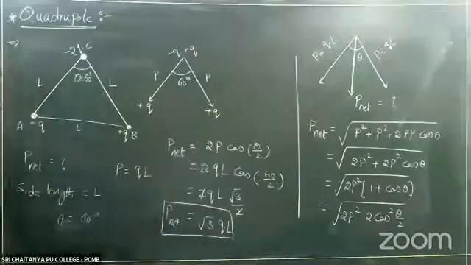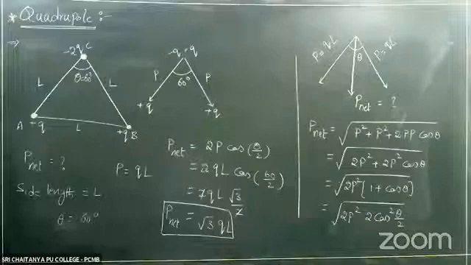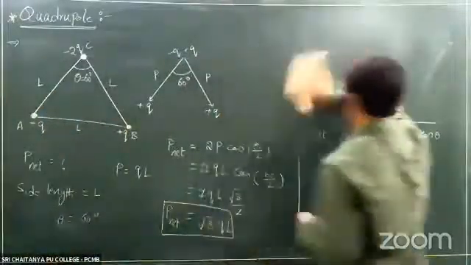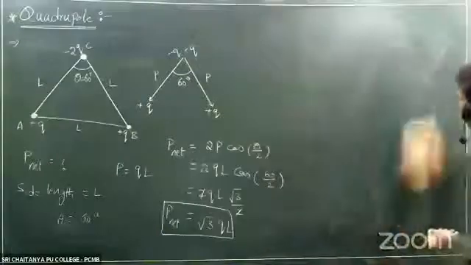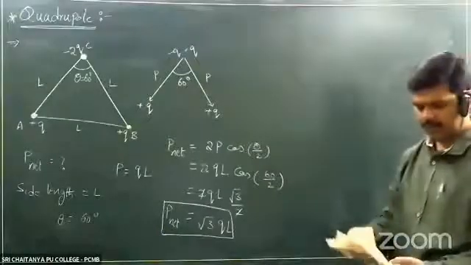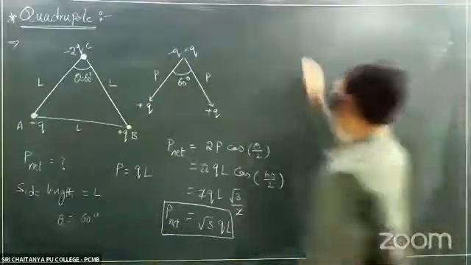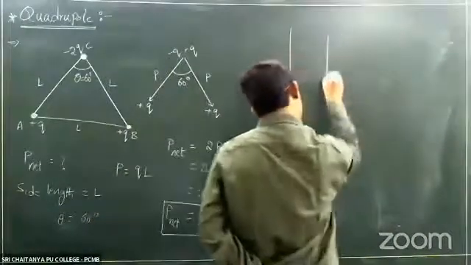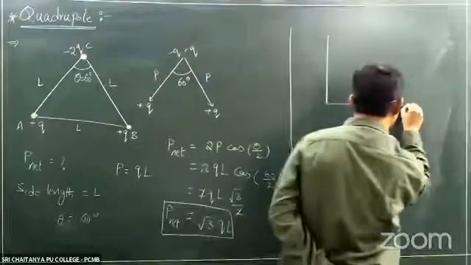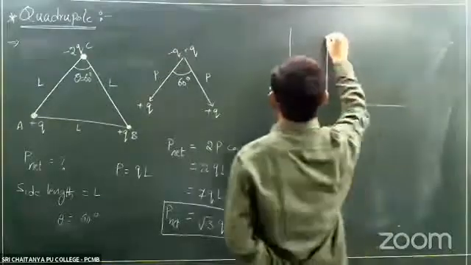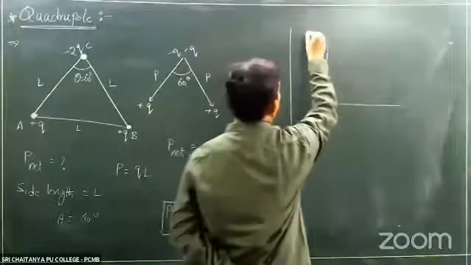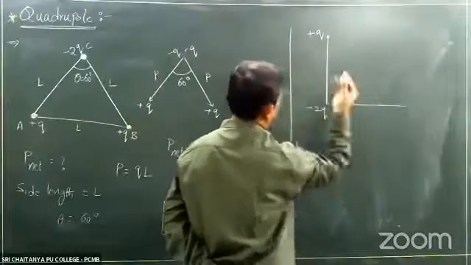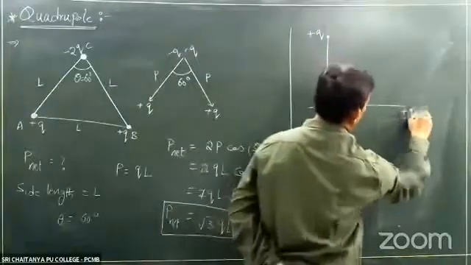Right? Next problem. Three charges are arranged in such a way. Here is plus q, here is minus q, here is plus q.